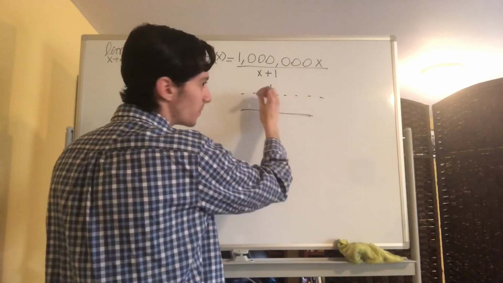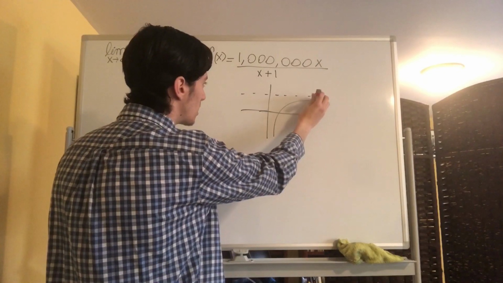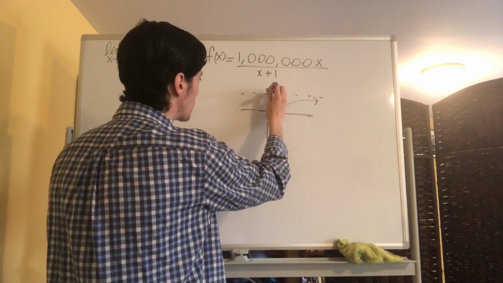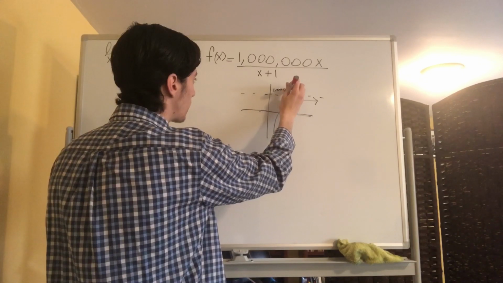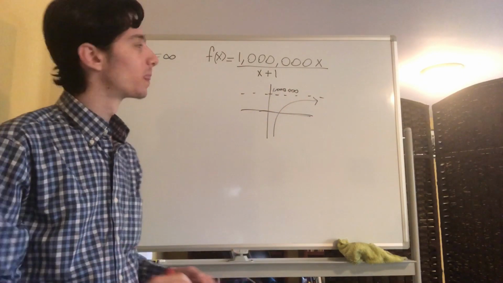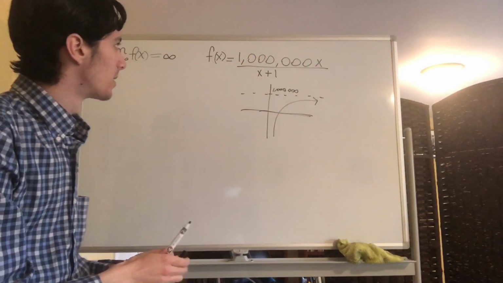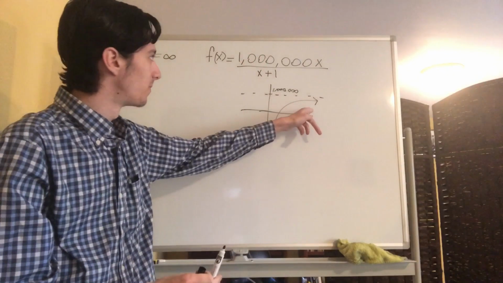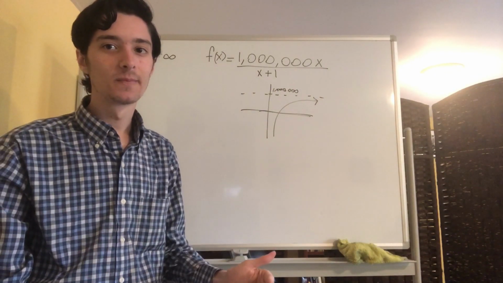So this is another horizontal asymptote. And if you were to graph this in a graphing calculator, you would see that even in a function like this, when x is large, f of x is large, and f of x is increasing.